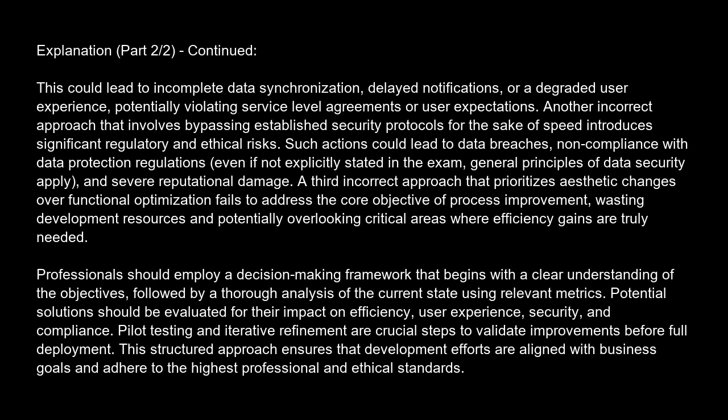Such actions could lead to data breaches, noncompliance with data protection regulations, even if not explicitly stated in the exam. General principles of data security apply, and severe reputational damage. A third incorrect approach that prioritizes aesthetic changes over functional optimization fails to address the core objective of process improvement, wasting development resources and potentially overlooking critical areas where efficiency gains are truly needed.